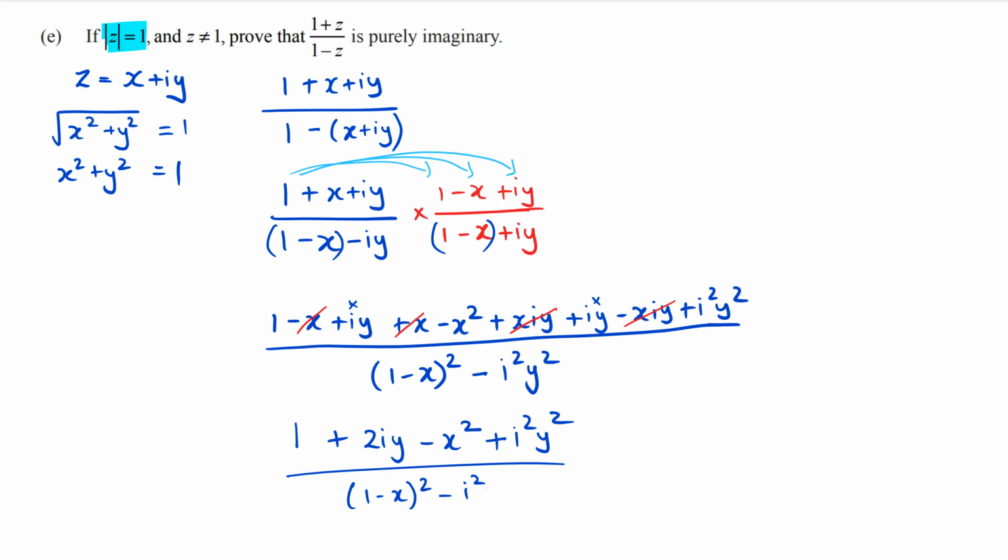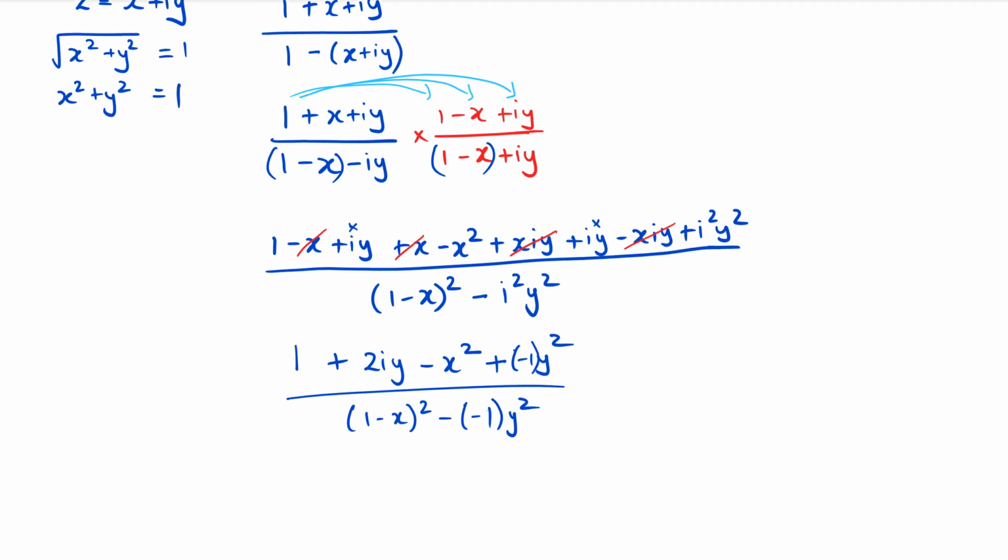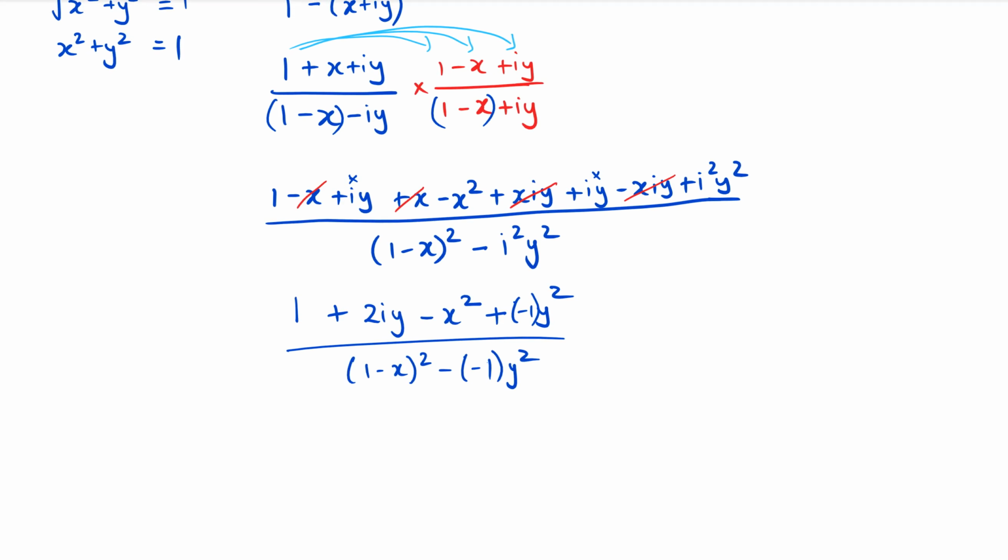squared minus i squared. I squared is negative 1. Actually, I just realized that i squared is negative 1 as well, so let's change that to negative 1 y squared. Now when we do this, we've got 1 plus 2iy minus x squared minus y squared, and that whole thing is over 1 minus x squared plus y squared.